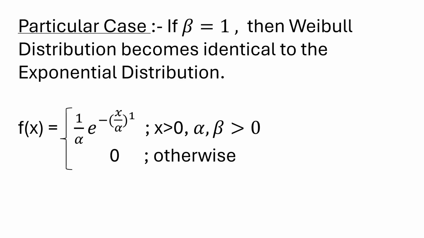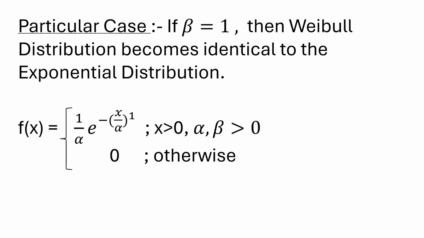So now we come finally to the part of mathematical treatment, which has considerable significance from the exam perspective as well, that is, the mean and variance of the Weibull distribution. First we will deal with a particular case.